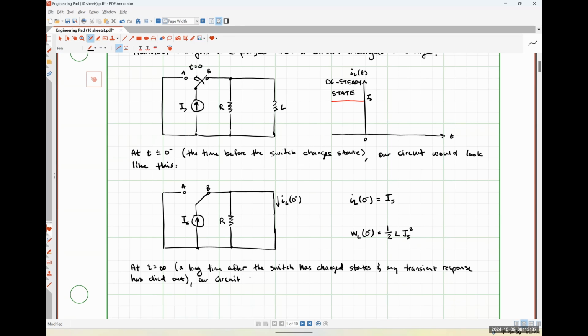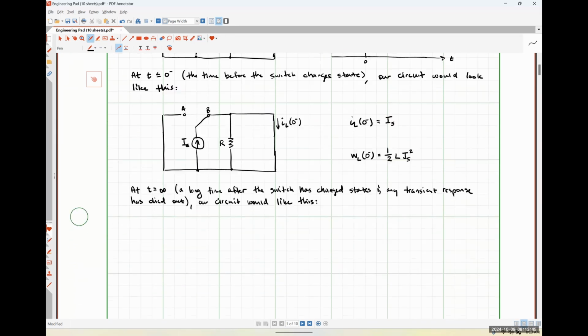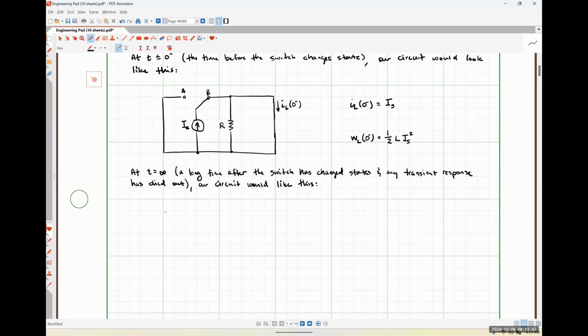So in this particular case, our circuit would look like this. Now my switch is closed at position A. Terminal B is open circuited.